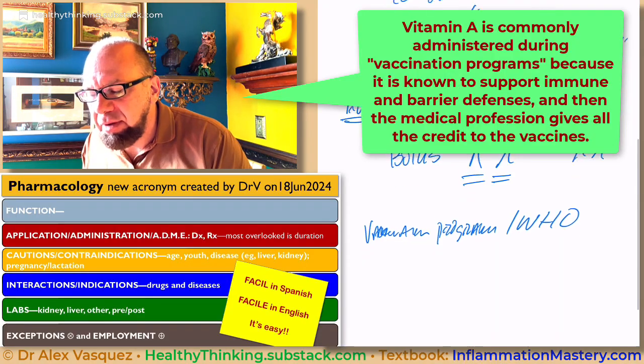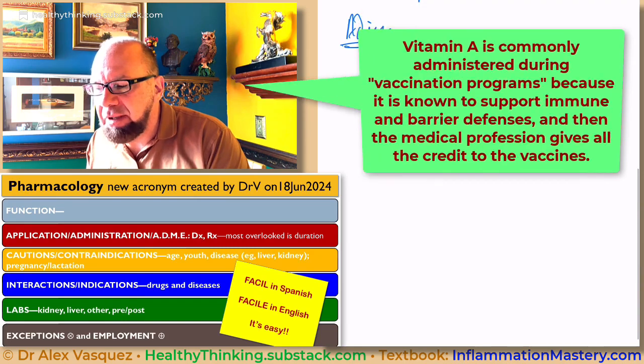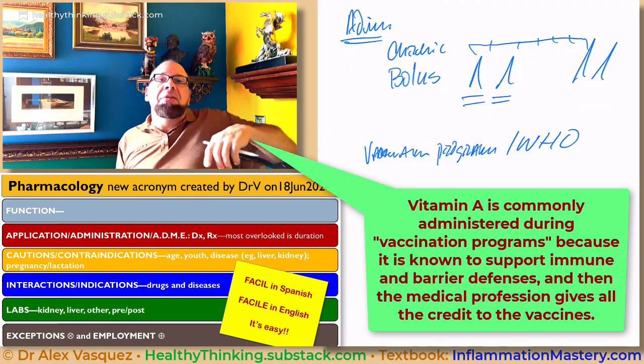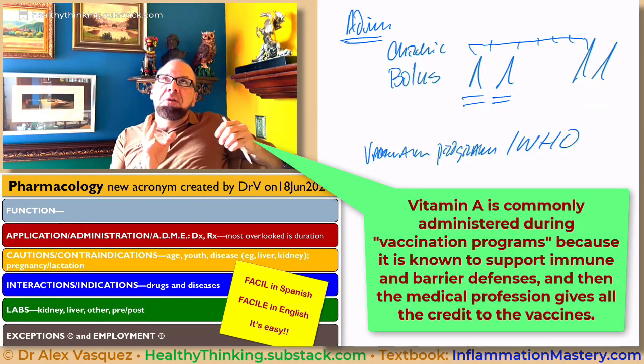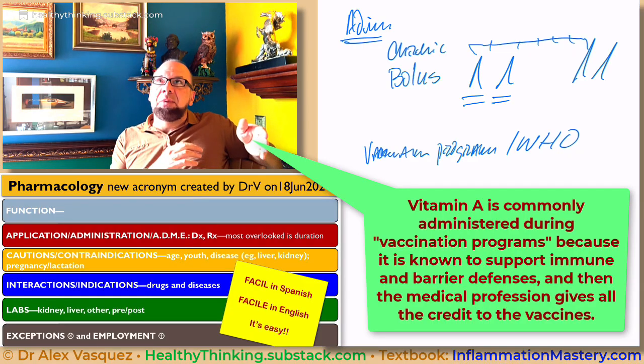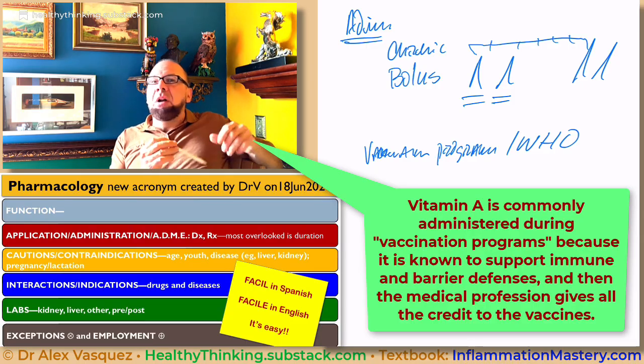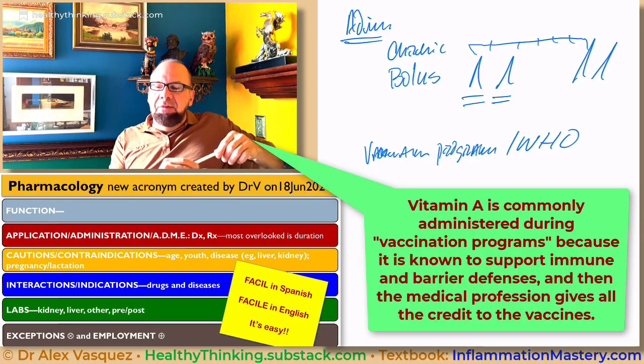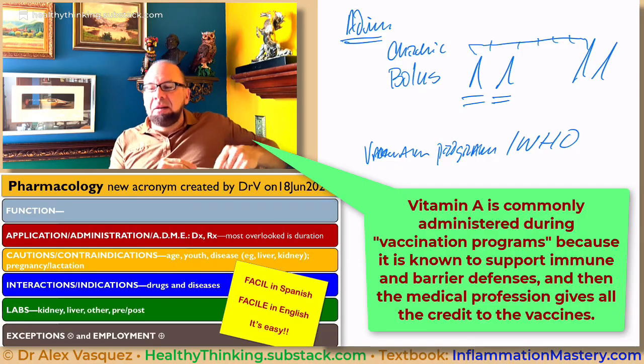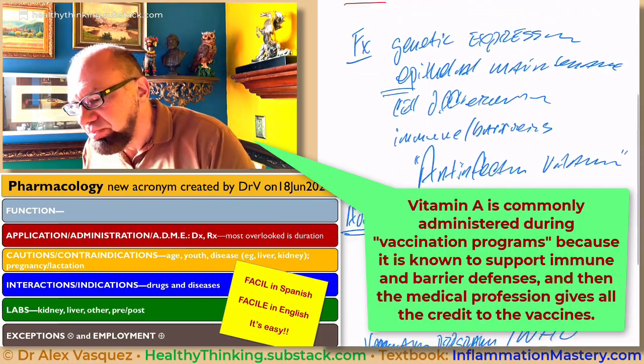And that also accounts for reductions that you see associated with so-called vaccines, even though if you were to look at the biological plausibility of reductions in mortality after the use of vaccines, the biological plausibility of that is essentially non-existent in many cases. But oh yeah, they forgot to mention that they gave the kids vitamin A at the same time, and that would explain the reduction in mortality.